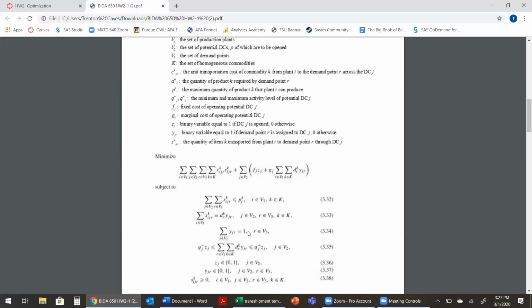So for warehouse 1, retail outlet 1, the value will be 1 if warehouse 1 services retail outlet 1. If warehouse 1 does not service retail outlet 1, then the value is going to be 0.